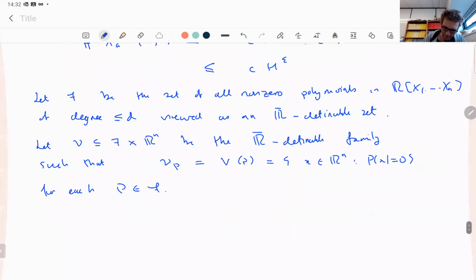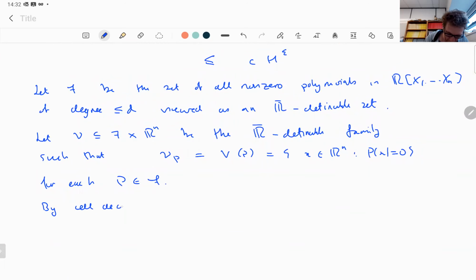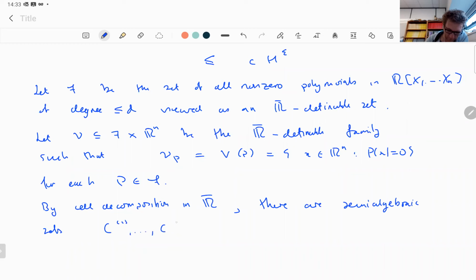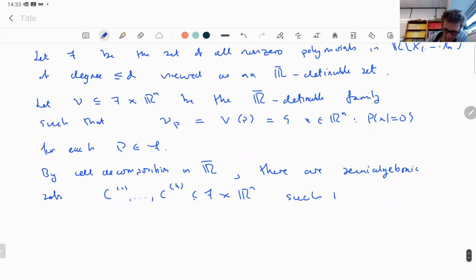So now I can apply cell decomposition in the real field to get semi-algebraic sets C_1 up to C_K such that the union of their fibers over P is V_P, and then for each J, the fibers over P of C_J are a cell, and like a fixed type of cell.